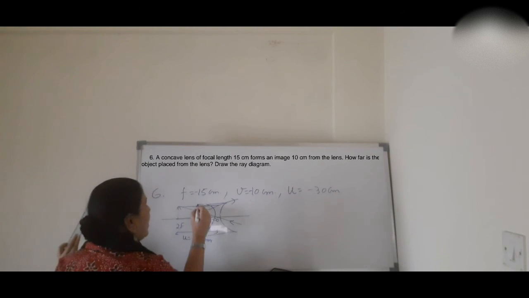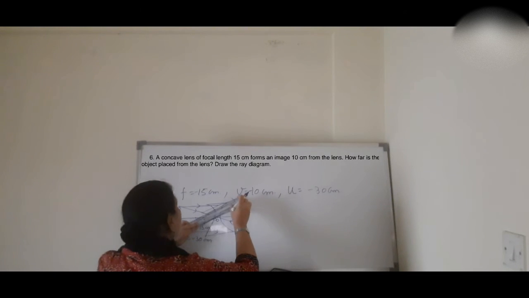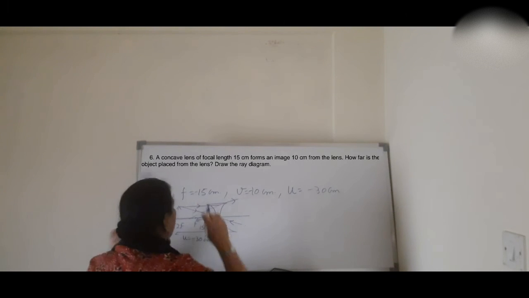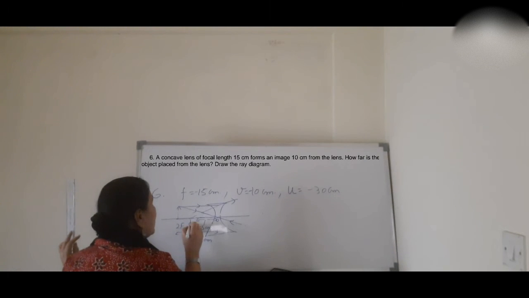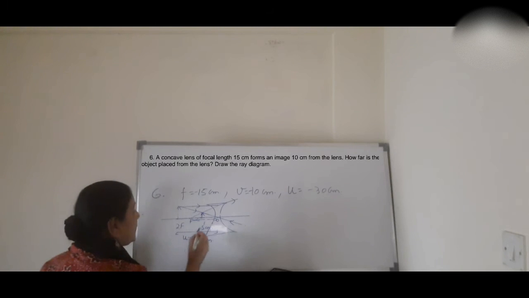One ray I have taken is parallel to the principal axis and diverges like this, and if you produce it backwards, it appears to go through F. Wherever they intersect, the image is formed here. Hope it's clear to you.